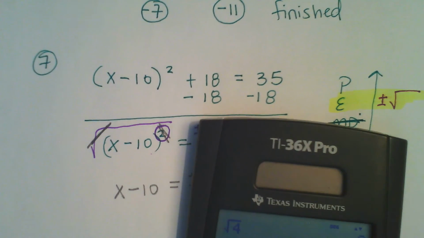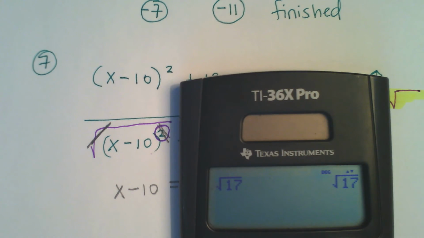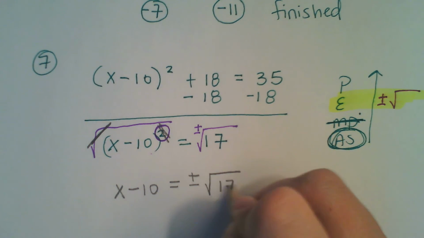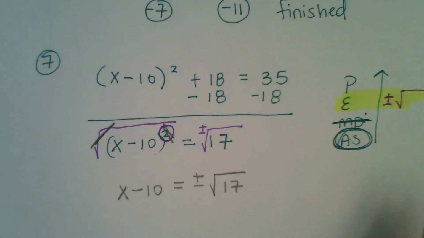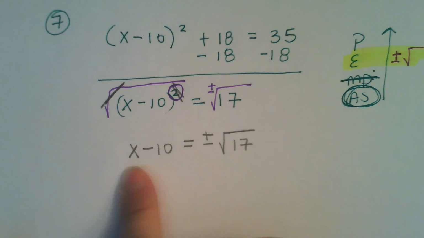So this time the square root of 17 doesn't simplify. It just is the square root of 17. So I'm going to leave the root alone. I couldn't do anything to it. But I do still have to get the x by itself.